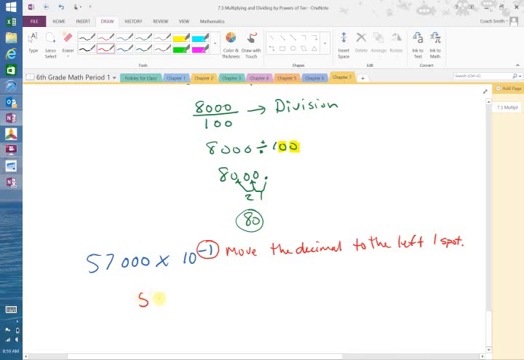So I take 57,000, the decimal is at the end, and I move it one spot to the left. And that gives me 5,700.